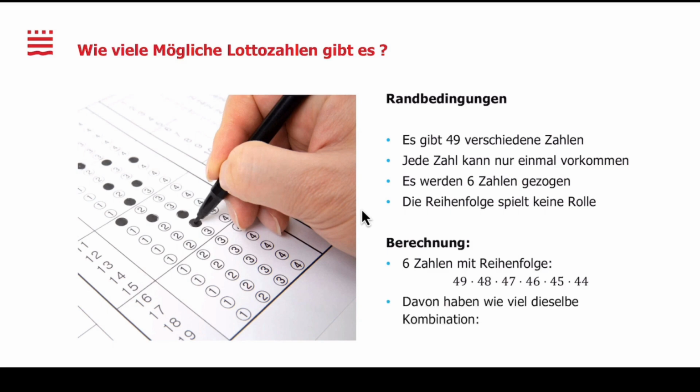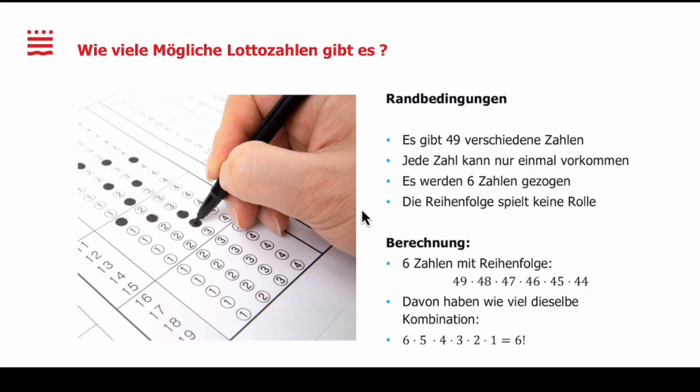And now we need to think about how many of these combinations have the same order. Determine how many ways to permute 6 numbers. It's 6 factorial: 6 options, then 5, 4, 3, 2, 1. For the first position, you have 6 options, then 5, then 4, then 3, then 2, and then 1.